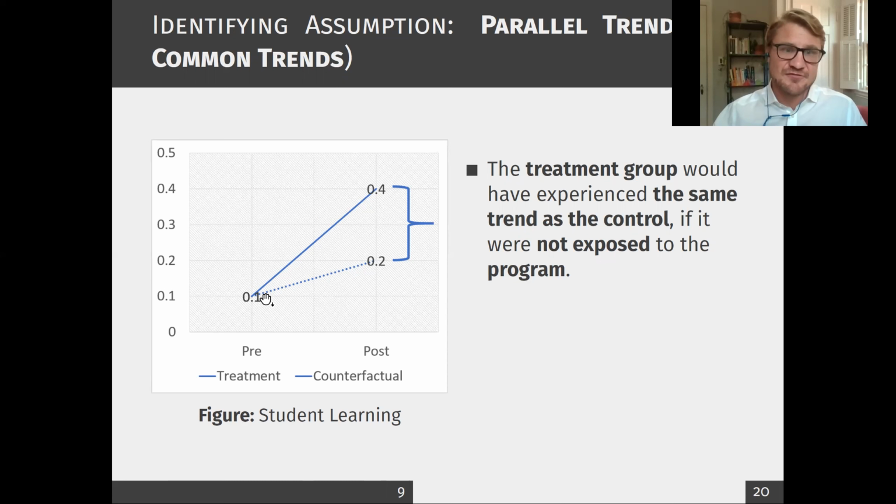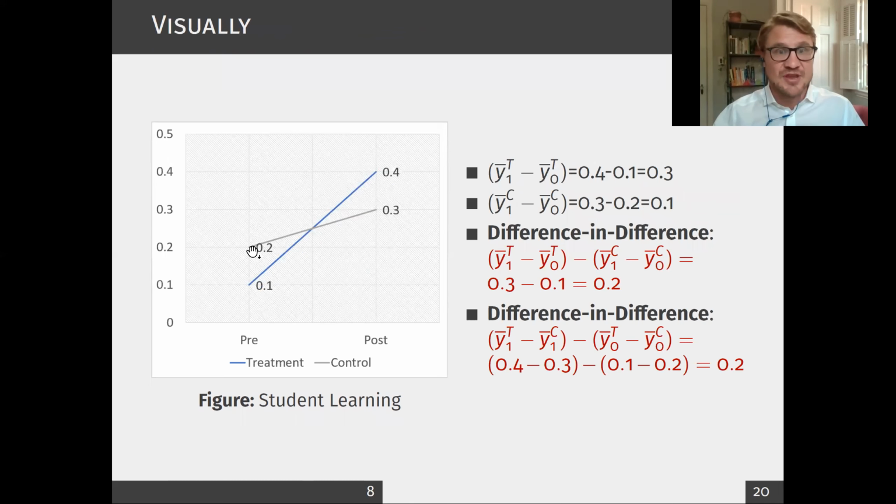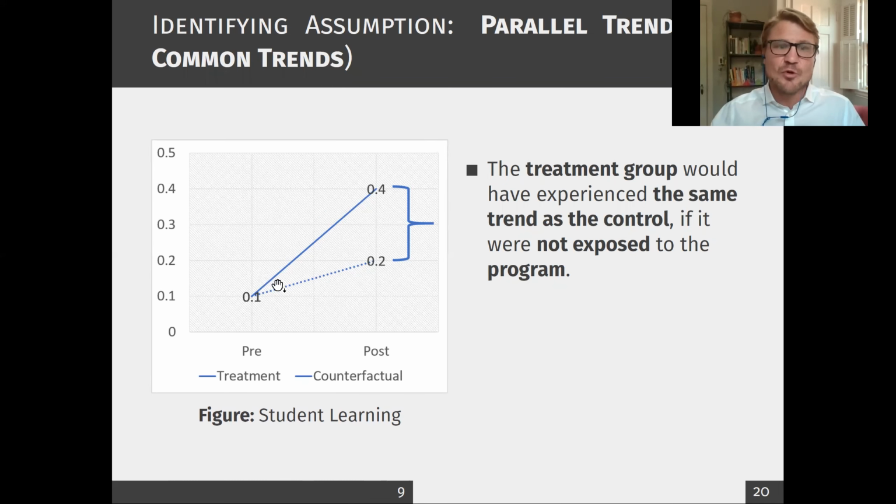So our counterfactual trend in learning for girls, the treatment group, is just an increase of 0.1, because that is what happened with boys. There was an increase of 0.1. And of course, this dotted line doesn't exist. We don't know what the counterfactual trend is, but we're just assuming that this change would have been the same as the change you observe for the boys.